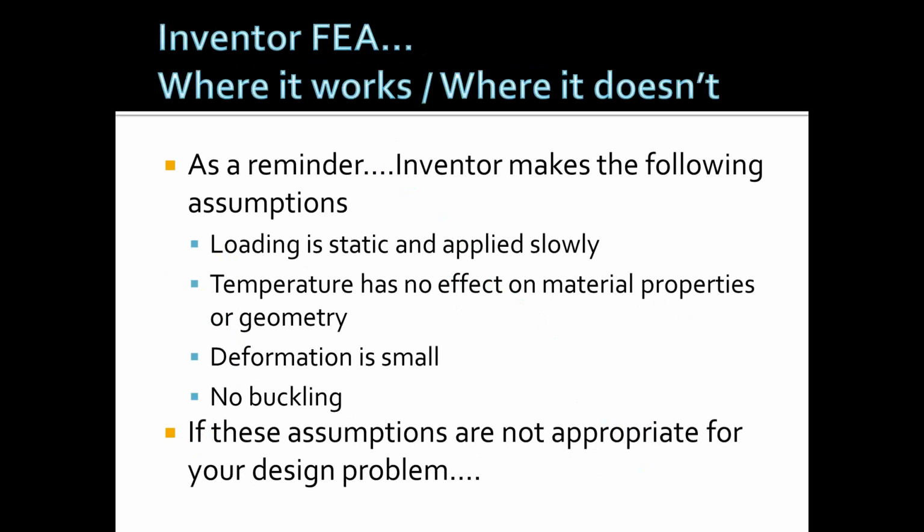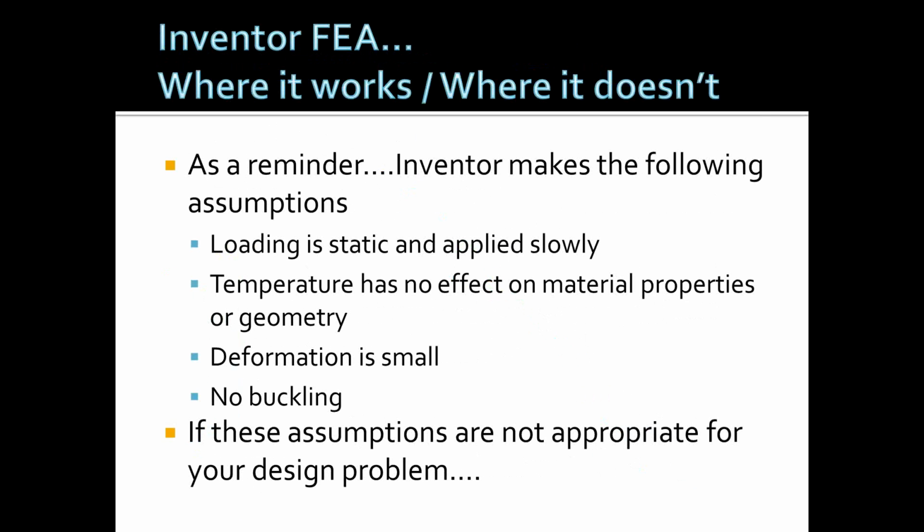So on a quick review, looking at Inventor FEA, where does it work best? Where does it not work best? Just want a reminder that it makes a lot of assumptions when you're doing FEA with Inventor. Your loading needs to be static and it needs to be applied slowly, so no sudden or impact loading situations. The temperature should have no effect on the material properties or the geometry.